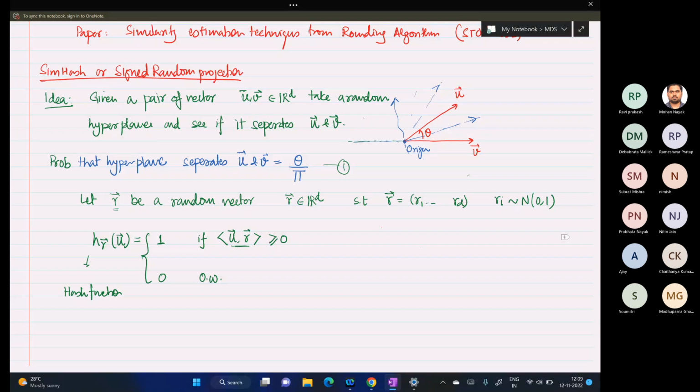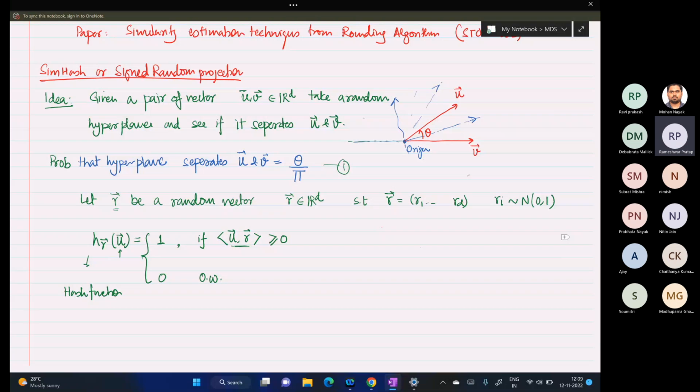Using r, we design a hash function which takes the input vector and outputs either 0 or 1.